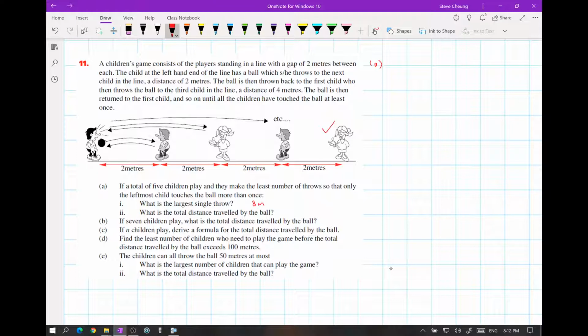And then what is the total distance traveled by the ball? So it's that same diagram that I've drawn, in order to have 5 children involved, basically just worded the question like that. What is the total distance?